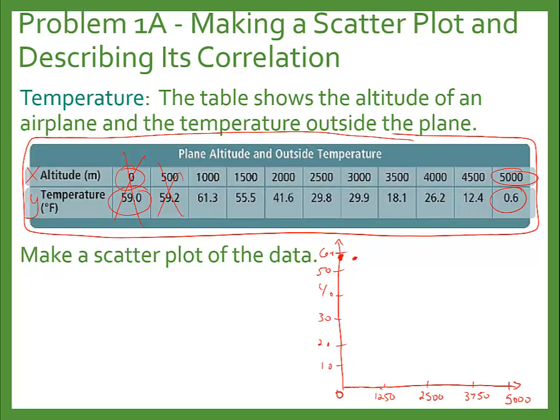Got that done. 1,500, 55.5 is about right here. 2,000, 41.6 is about right here.